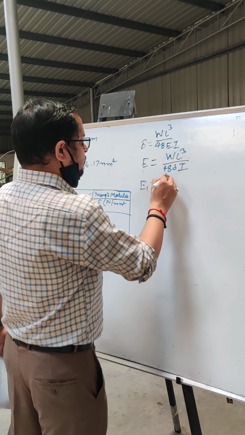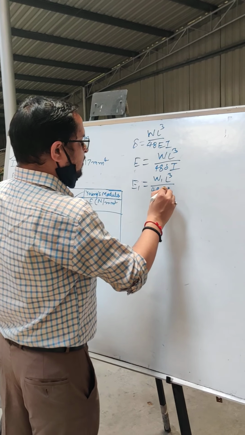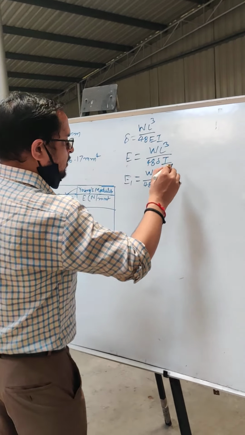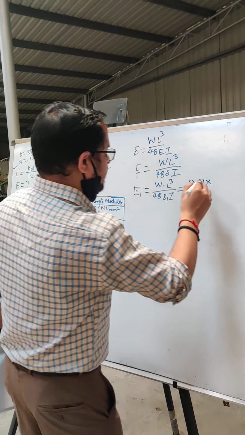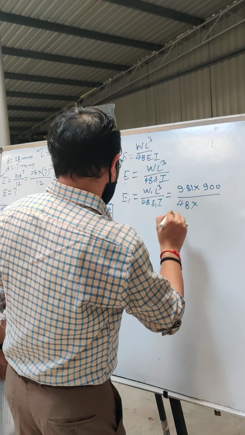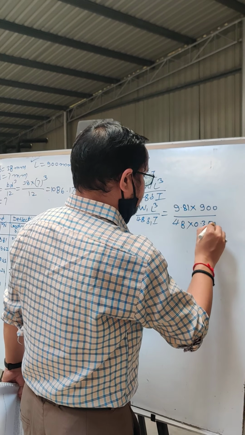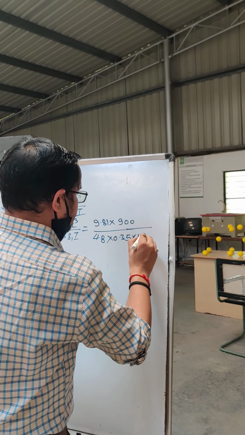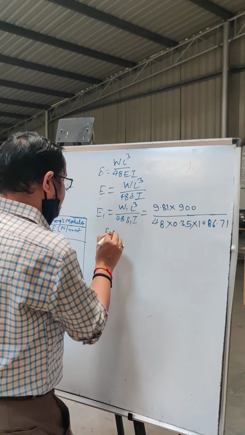E1 is W1 L cube divided by 48 del 1 I. W1 is 9.81, so 9.81 into L, L is 900, divided by 48 into 0.35 into I, I is 1086.71.